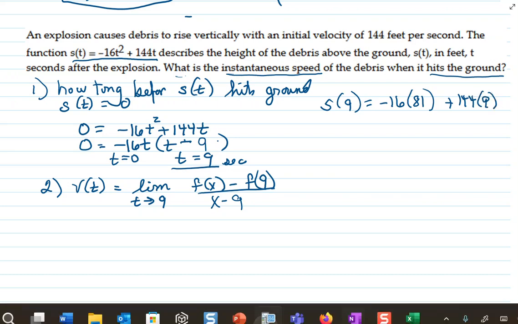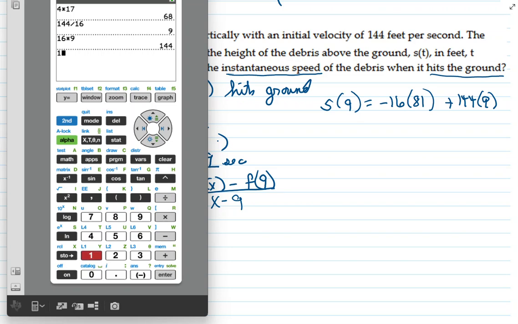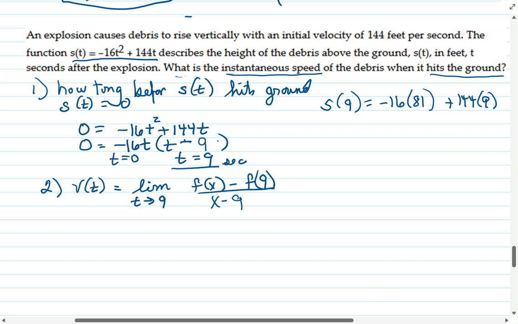Now let's see what we get. So 16 times the 81 minus, no, that was a minus, sorry. Negative 16 times the 81, because it's 9 squared, plus 144 times the 9, and I get 0. All right, so I have a 0. And that's good too. Just verifying that that is true.